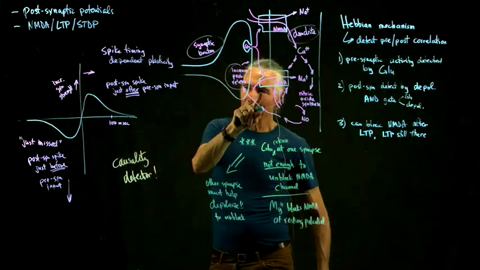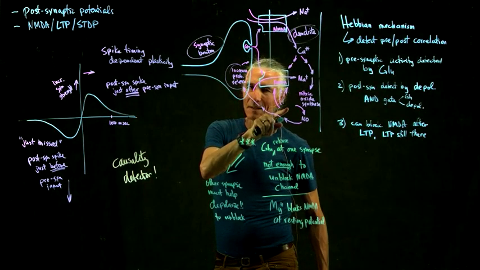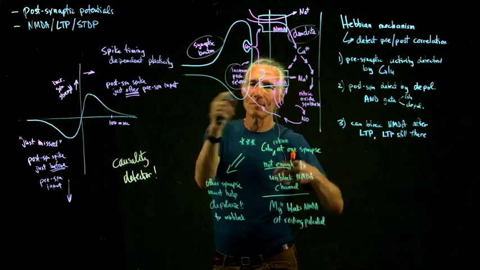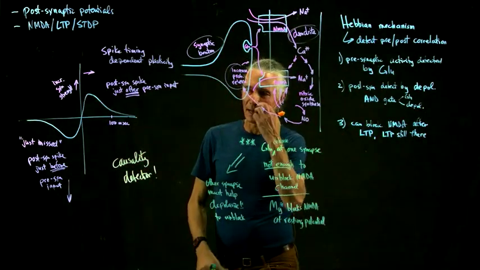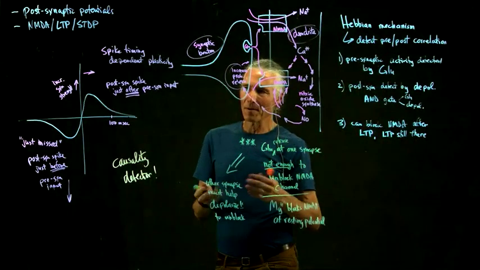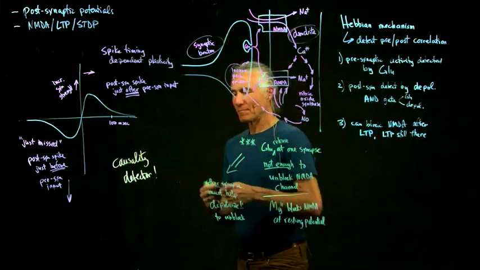If this synapse just missed helping cause this guy to spike, the spike happened before the input came in, that's what this means on this side, then you get penalized. And if you're off by more than a tenth of a second, either way, nothing happens.